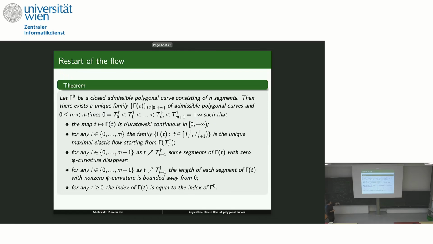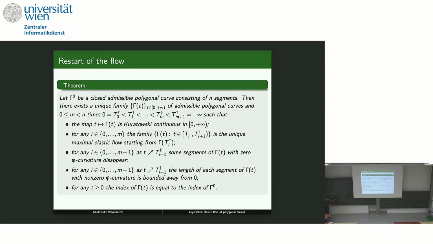So this means I can finitely restart my flow, and for each of these intervals between consecutive times, it is exactly the unique maximal elastic flow, and the flow is always Kuratowski continuous, even though some segments are disappearing. So as you see, the flow is continuous basically in the sense of Kuratowski. I'm not jumping, I'm not shrinking suddenly.